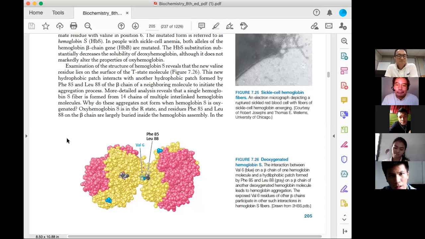The reason I'm going to talk about the hemoglobin is because during exercise, the oxygen consumption is increasing, right? And it's proportional to the rate of ATP synthesis.